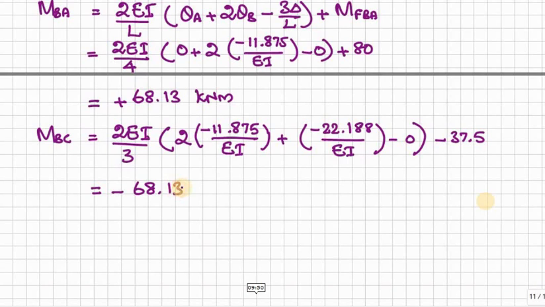So MBC is equal to minus 68.13 kilonewton meter, that is in anti-clockwise direction.